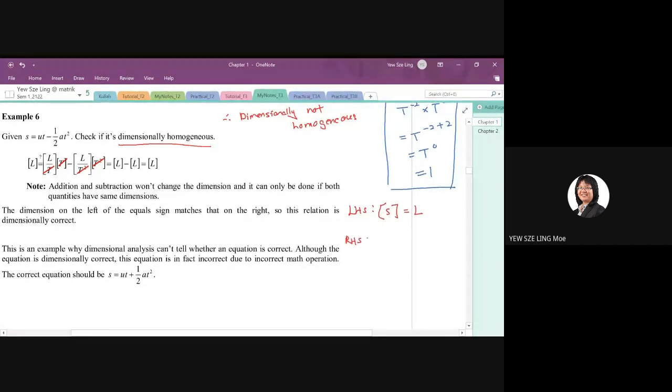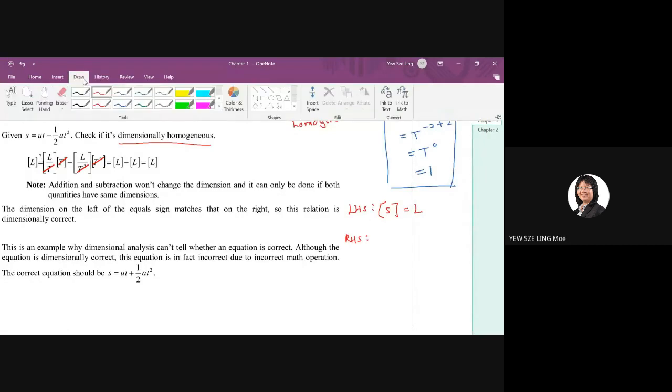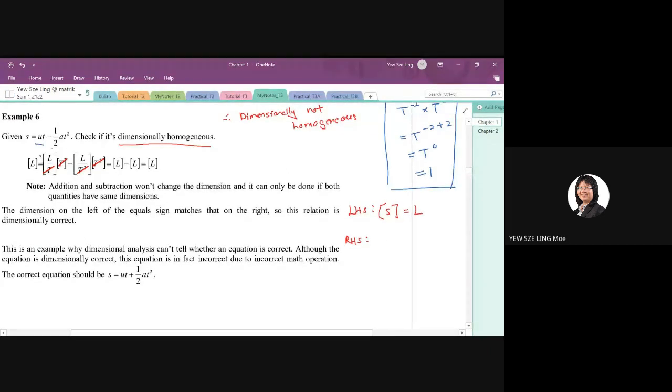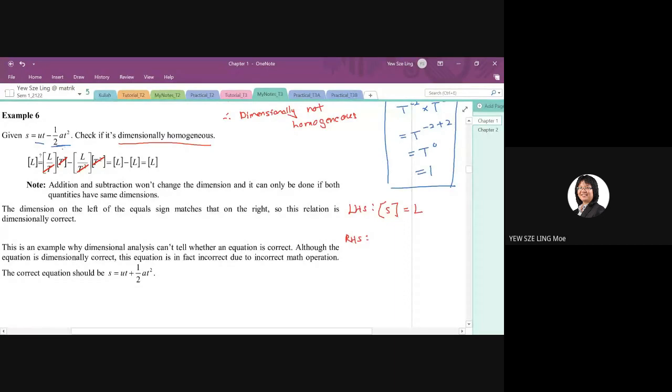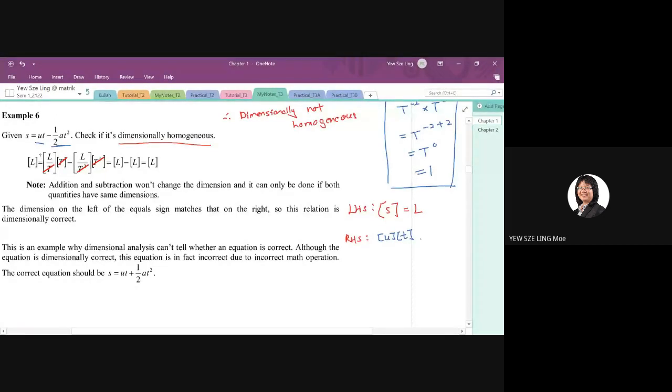Right-hand side, now I'm going to show you the second method. Sometimes you can do it separately. You don't have to do both quantities at once. You can do UT and then half AT squared. All right, so if there's a plus or minus sign, actually you can split into two parts. So UT, we're going to solve the UT part first.